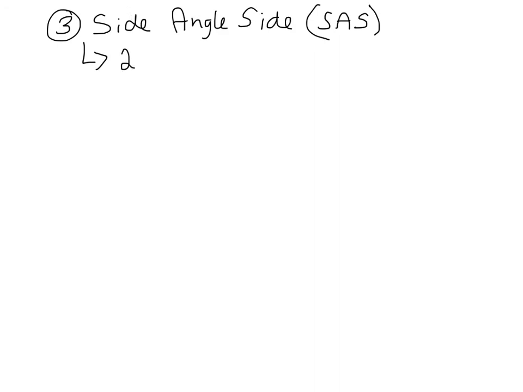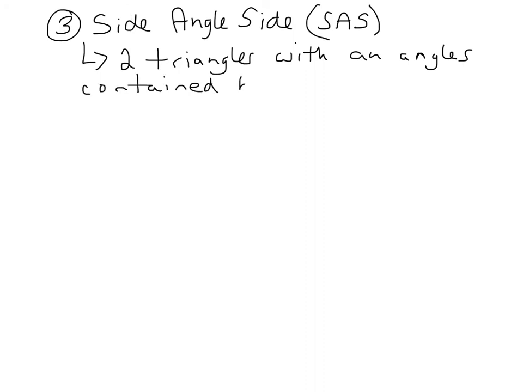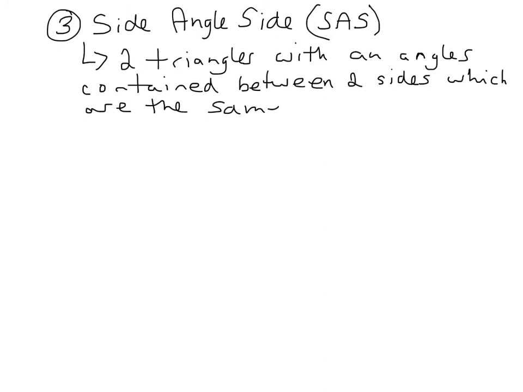So two triangles with an angle contained between two sides which are the same are congruent triangles.